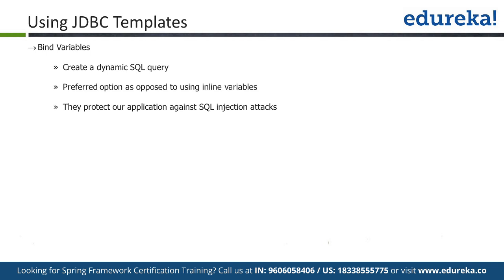Using JDBC templates with bind variables for creating a dynamic SQL query is the preferred option as opposed to using inline variables. This will protect our application against SQL injection attacks. So JDBC template API can help us with the use of bind variables to prevent any kind of SQL injection attacks against your application.